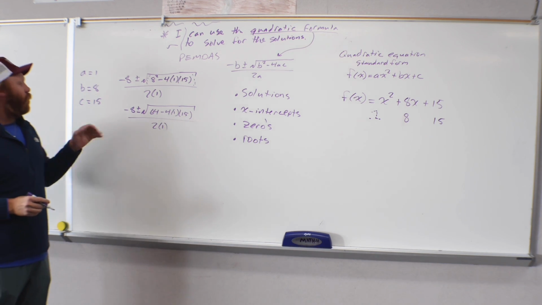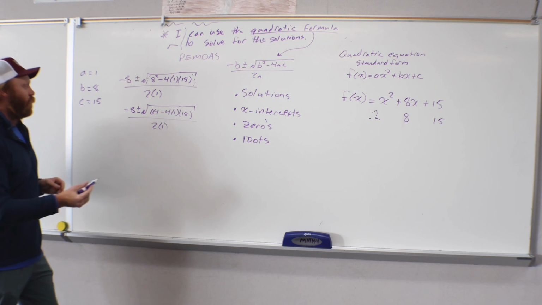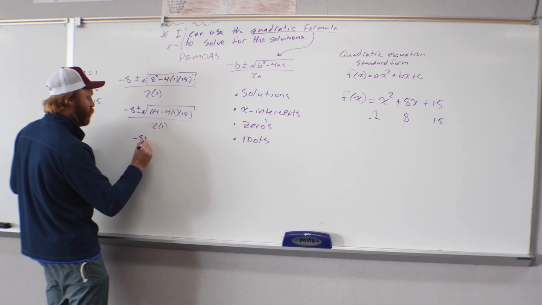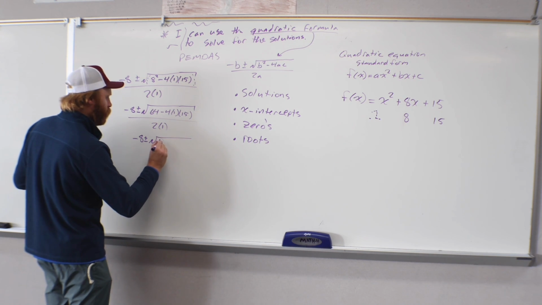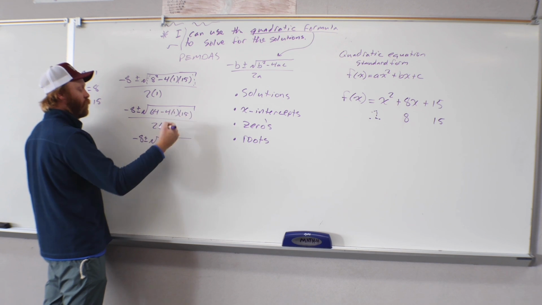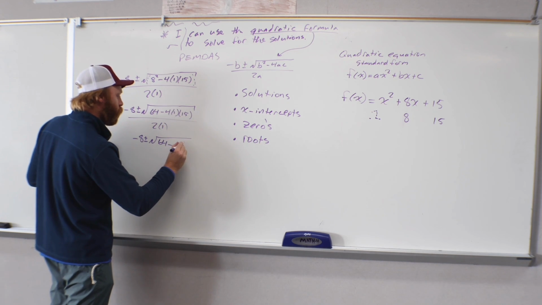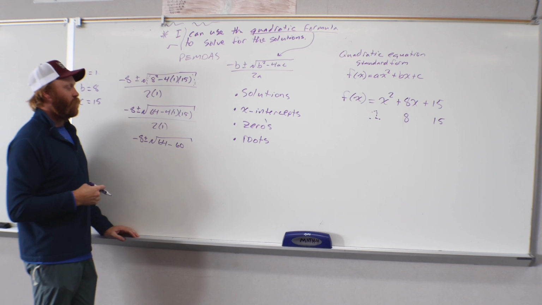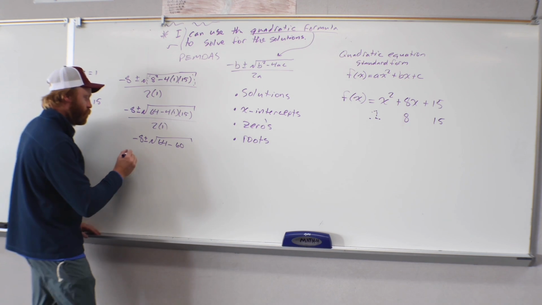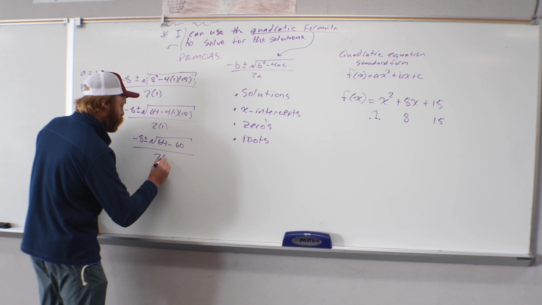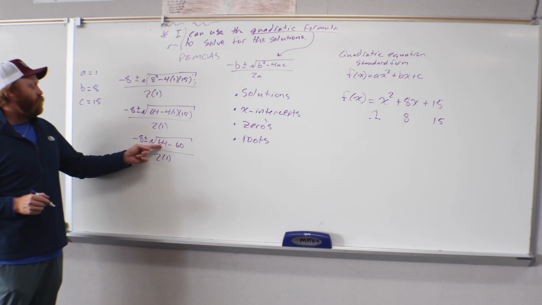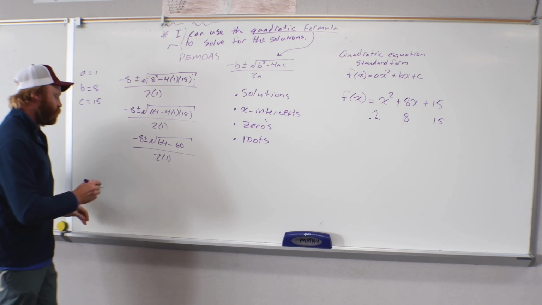Now that we have our exponent, we look at multiplying and dividing. 4 times 1 is 4, and 4 times 15 is 60. Think of it as double: 15 and 15 is 30, and then double 30 to get 60. All over 2a.